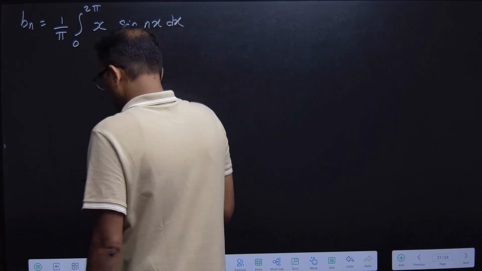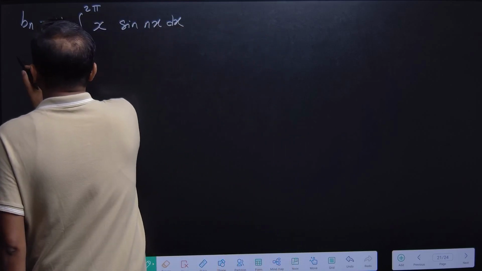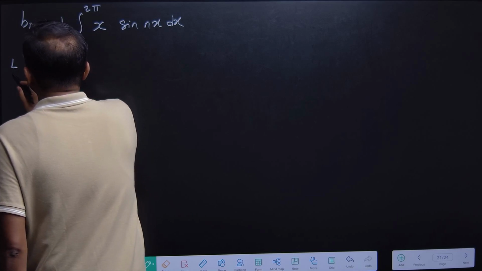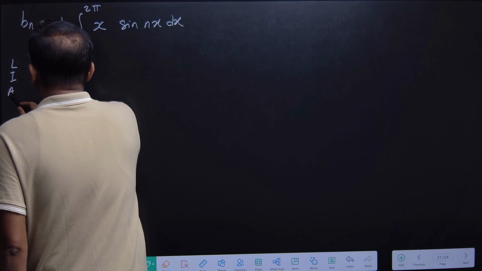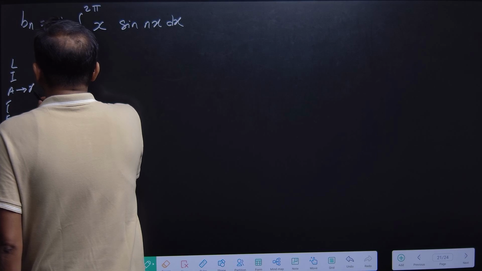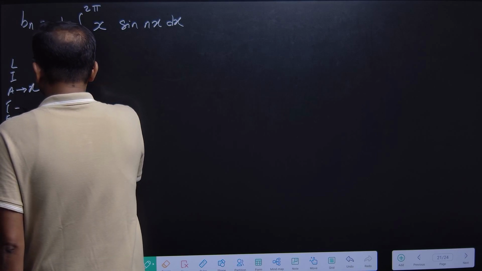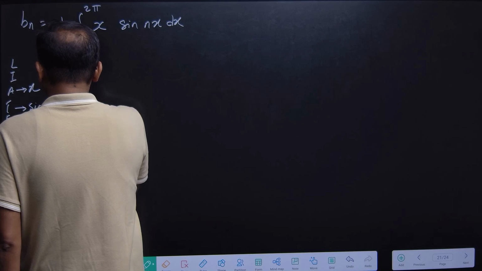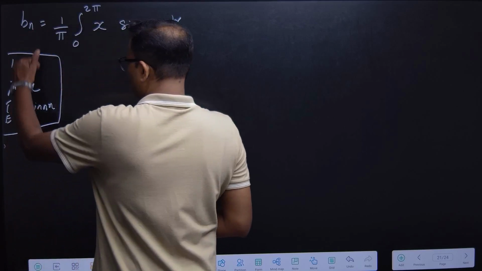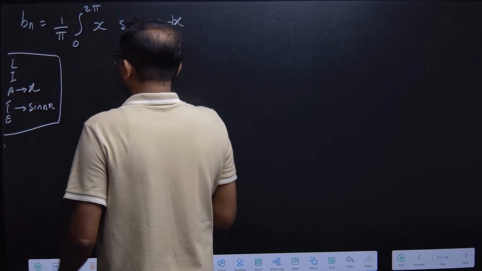Now see, again here, if you consider this x into sine nx, it is in the form u into v. So according to the rule of LIATE, this x is an algebraic term, sine nx is a trigonometric term. We know according to this order, whatever function comes first, that we have to take as u.